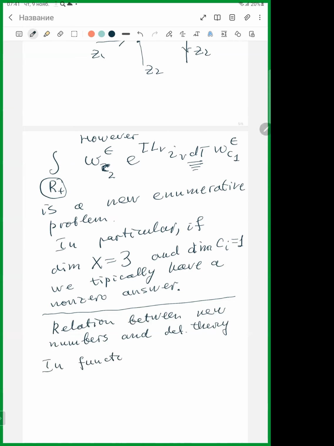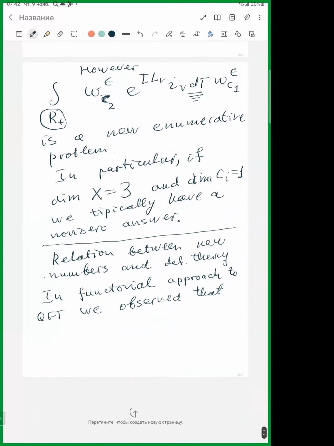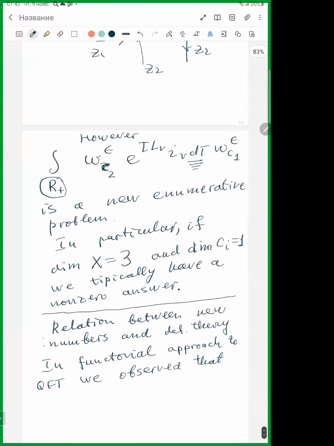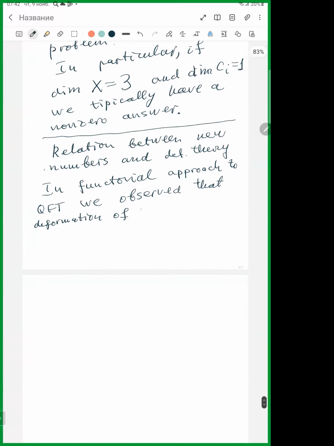In the functorial approach to quantum field theory, we observed the deformation of quantum mechanics, where h goes from h to phi.